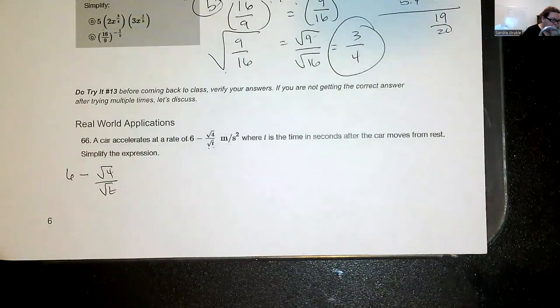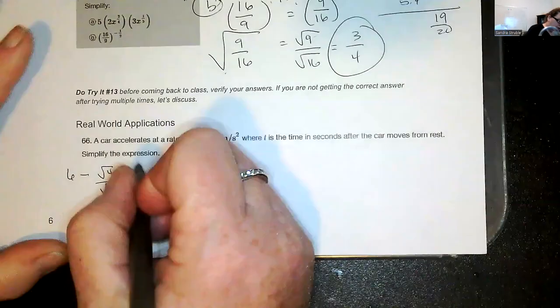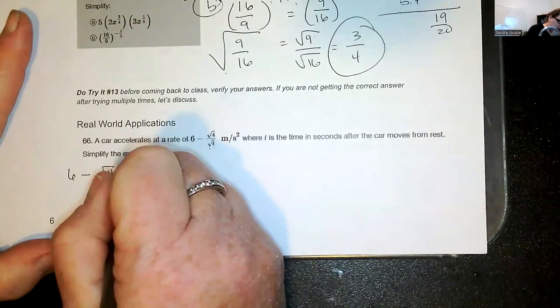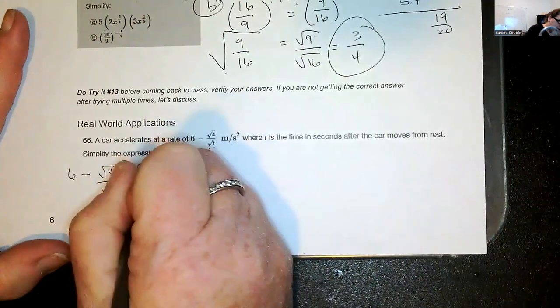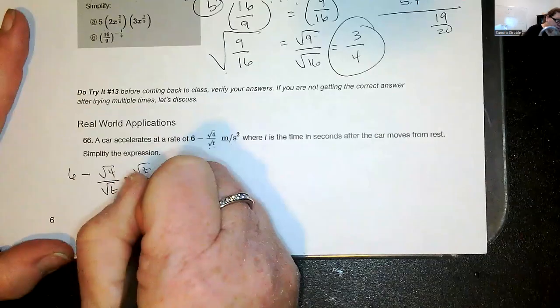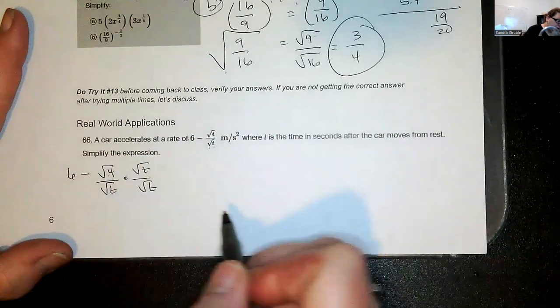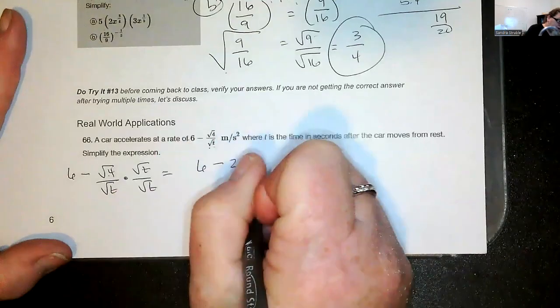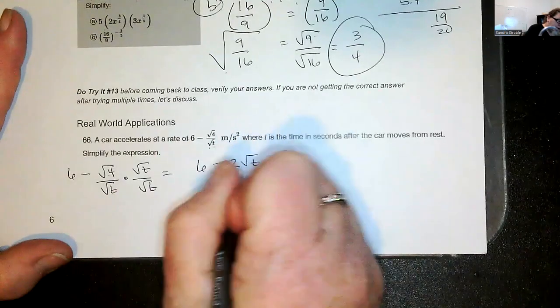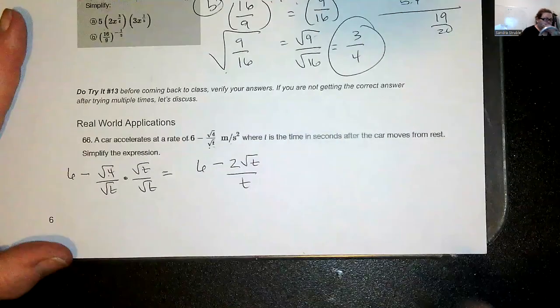Yeah, we could just rationalize this one here. So we should be able to just multiply by the square root of t over the square root of t. Square root of 4 is just 2. So that's equal to 6 minus 2 square root of t over t.